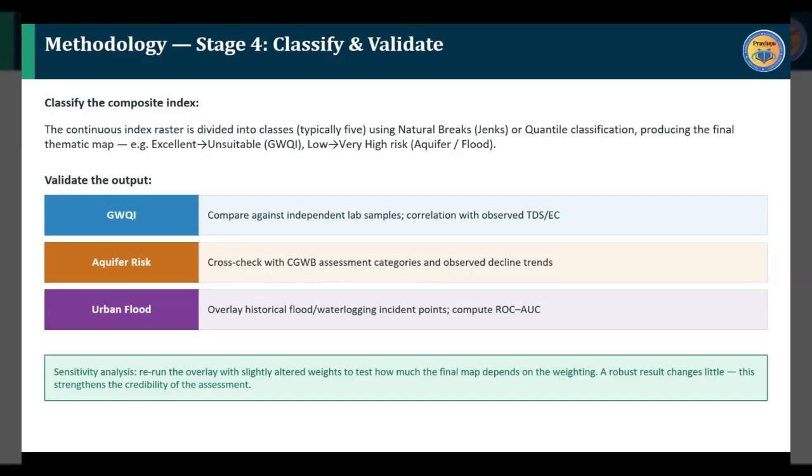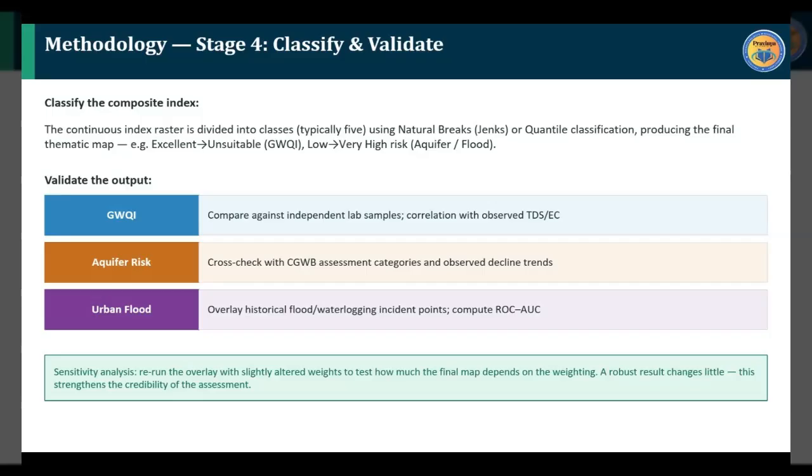For sustainability, you overlay your risk map against the official Central Groundwater Board categorization of assessment units, like safe, critical, overexploited, and against the documented long term decline records as well. If your high risk zones line up with the officially overexploited blocks, you will have higher confidence.